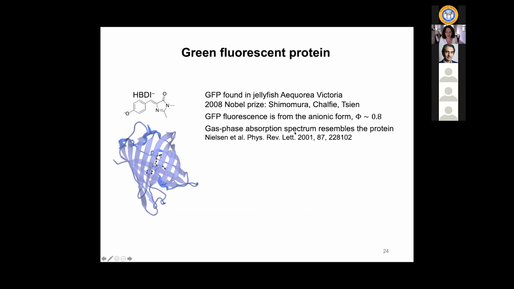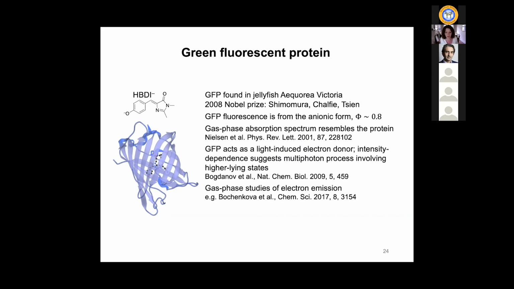So gas phase spectra almost 20 years ago showed that the absorption spectrum of the isolated chromophore was very similar to the absorption spectrum of the anionic chromophore in the protein, which led people to believe that the electronic structure and dynamics of the chromophore in the gas phase were very similar to that in the protein. However, it doesn't fluoresce in the gas phase.